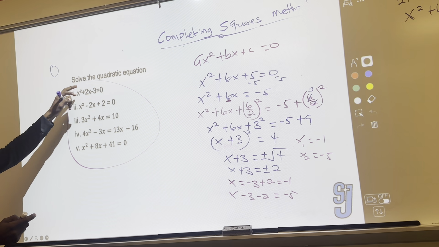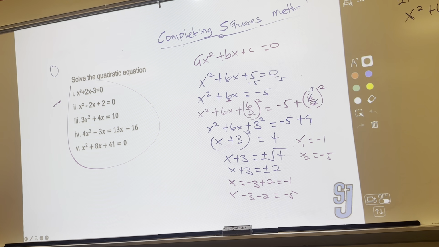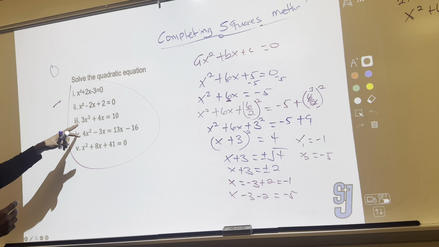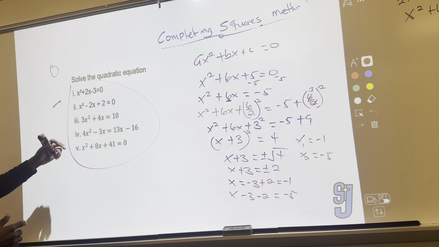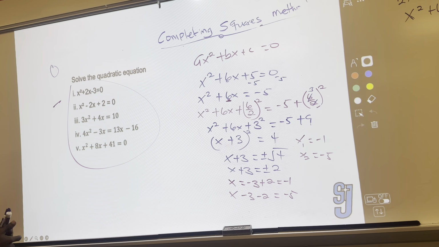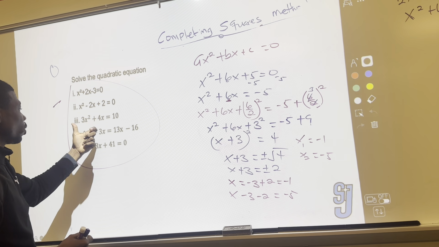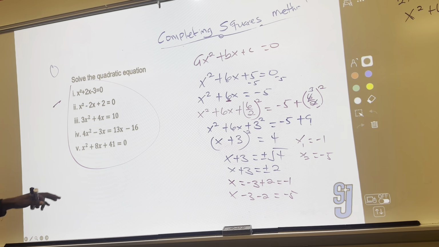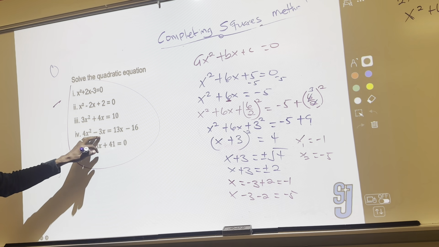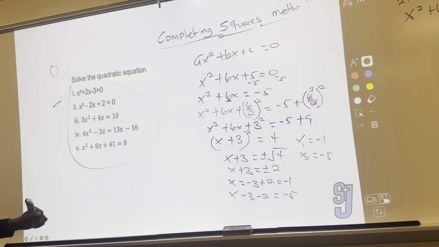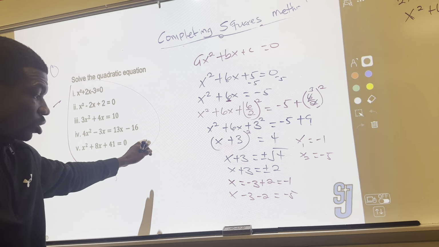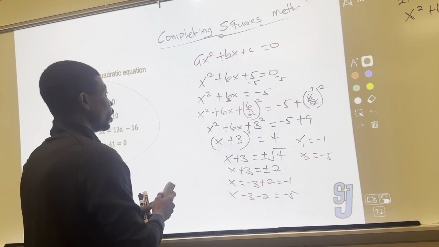So we have x squared plus 2x minus 3 equals 0, x minus 2x plus 2 equals 0, and 3x squared plus 4x equals 10. I think you guys can do this, so let's try this together. Now let's do one so you can go ahead and do the rest.